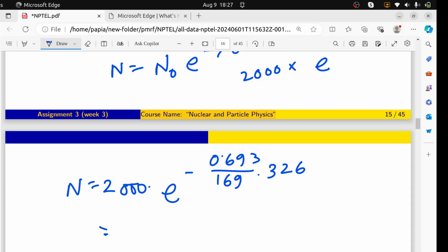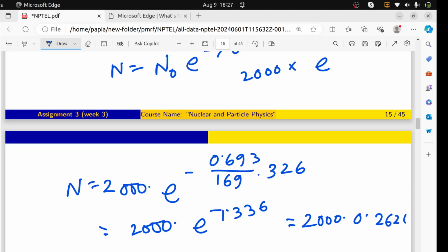163 into 326. So it is 2000 into e to the power minus 1.336. So e to the power minus that answer, that is 2000 into 0.2626.